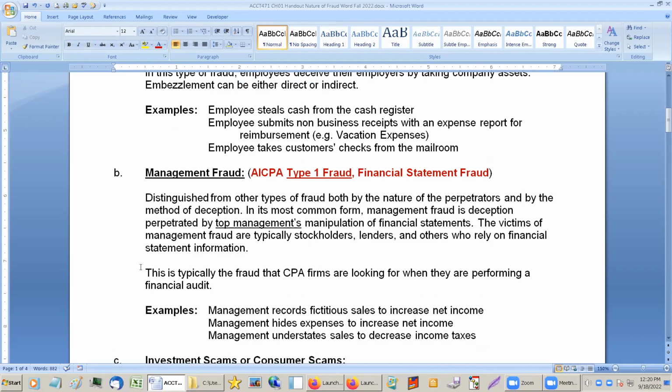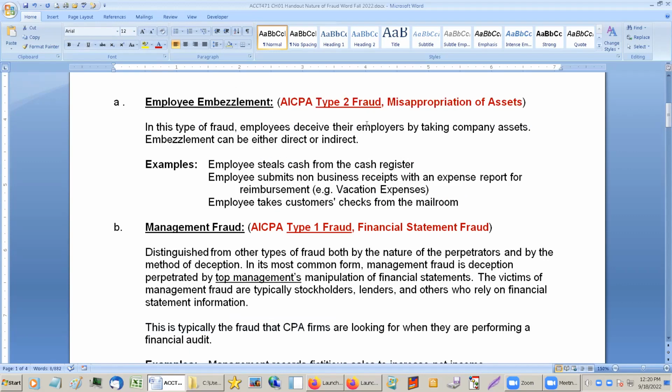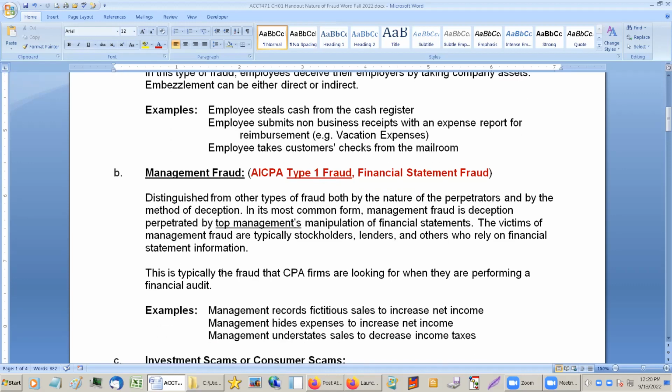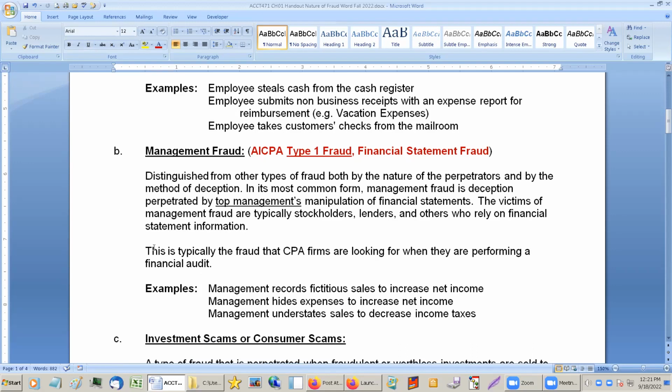And by the way, this is what CPA firms look for. Basically, they're looking for management fraud. It's possible you have type 2 fraud, but it would be very unusual to get enough of the type 2 fraud to sway the financial statements, especially in a larger company. And again, this is typically what the CPA firm is looking for when they do an audit. So CPA firms are looking for management fraud usually.